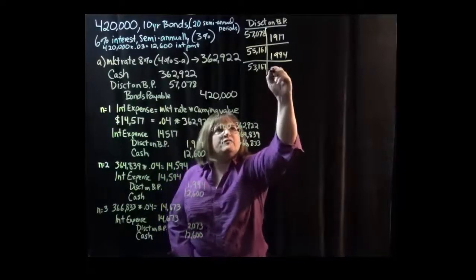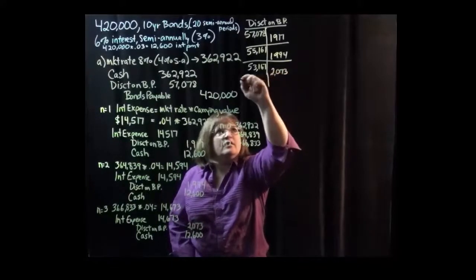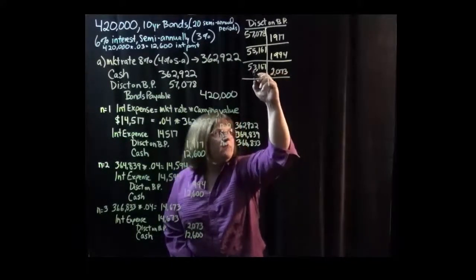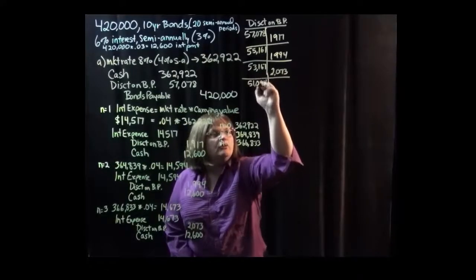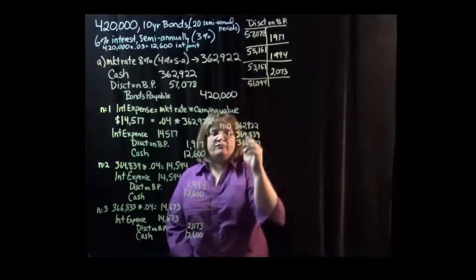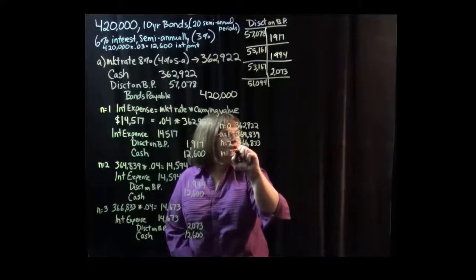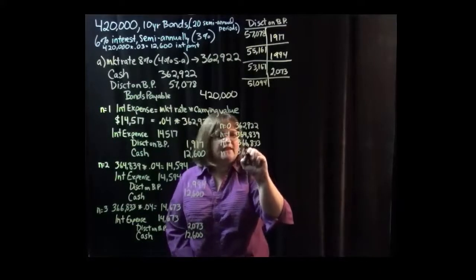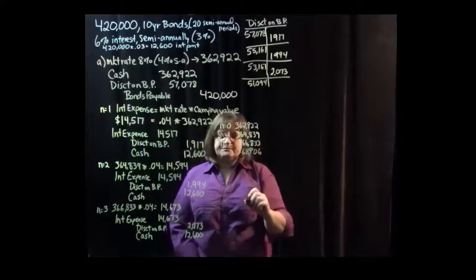Once that $2,073 gets posted to our discount account, that's going to leave us with a remaining balance of $51,094. And if we subtract the $51,094 from our face value, that's going to leave us a carrying value of $368,906.